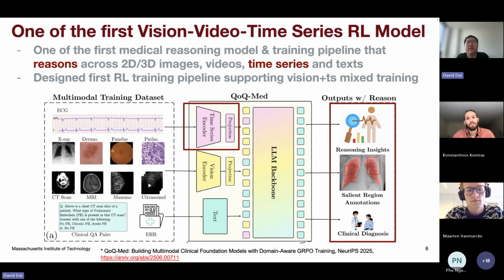And do you then give a sort of positional embedding, like an embedding to tell the vision encoder which kind of modality is present? Like, do I have an X-ray or a CT scan or an MRI? Yeah, that's a great question. For the vision encoder, this is handled by the large language model itself.